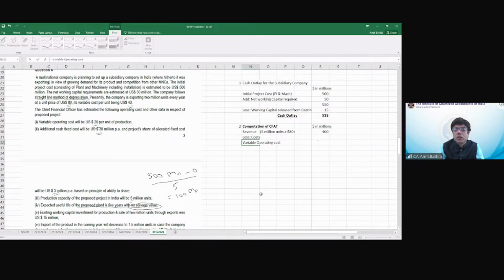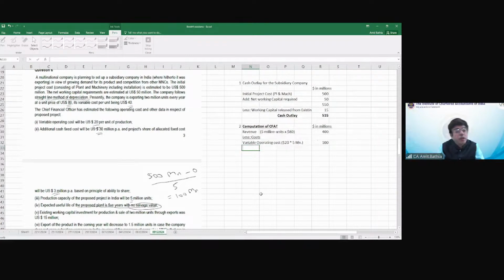So $20 into 5 million, that gives you $100 million.